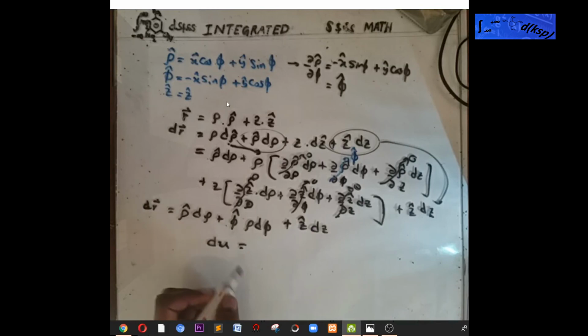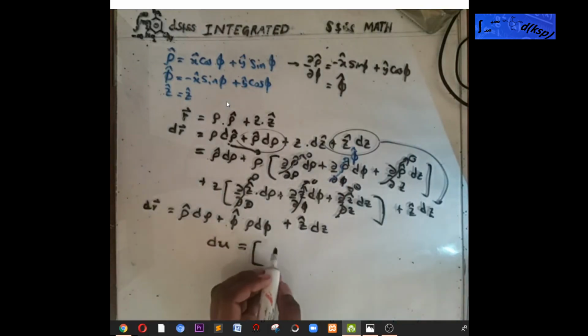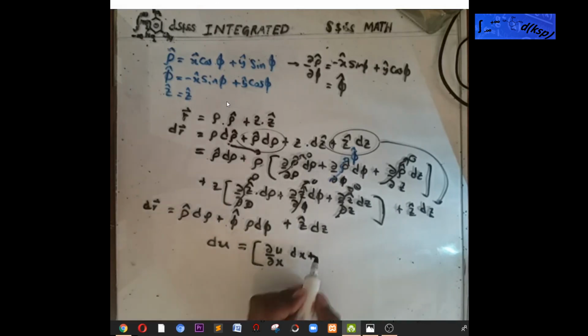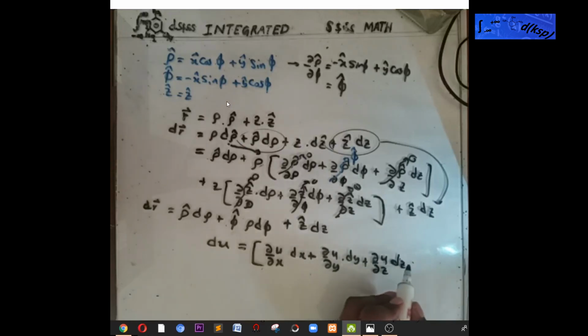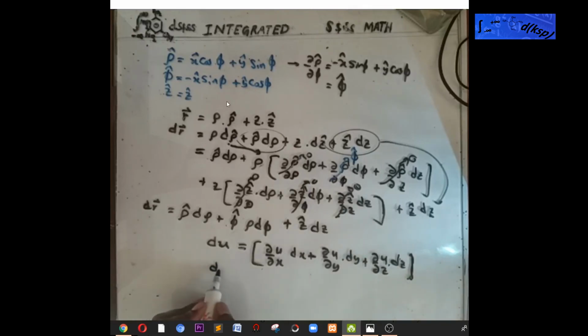If you think about du, du can be written using the partial derivatives: partial u with respect to x times dx plus partial u with respect to y times dy plus partial u with respect to z times dz. This is the next thing you need to use. The same thing can be written using the gradient theorem.